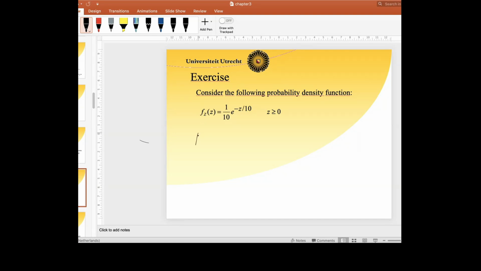So we have that the cumulative probability distribution is the integral from minus infinity to z of 1 over 10 e to the power of minus z over 10 dz.